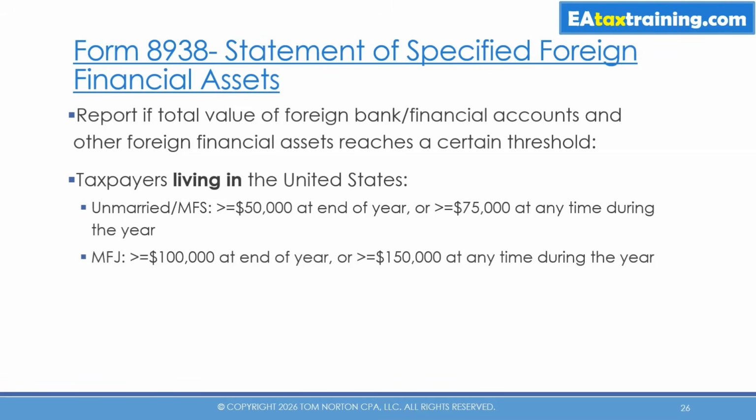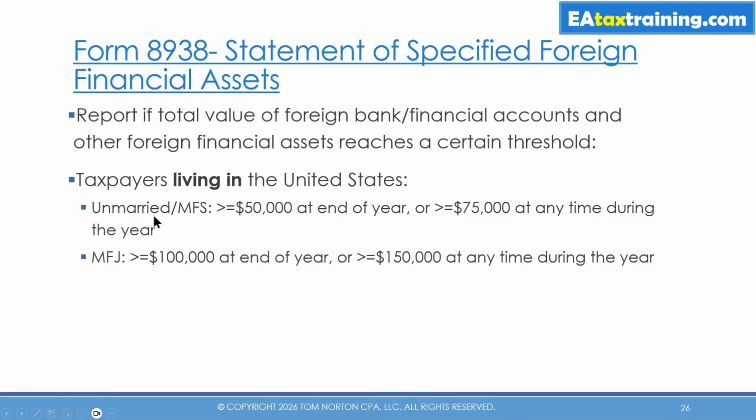That threshold is going to depend on whether or not you are living in the United States and your filing status. So if you are living in the United States and you are any filing status other than married filing jointly, then if the total value of all of your financial accounts is greater than or equal to $50,000 at the end of the year, or $75,000 at any time during the year, even for one day, then you have to file this Form 8938.